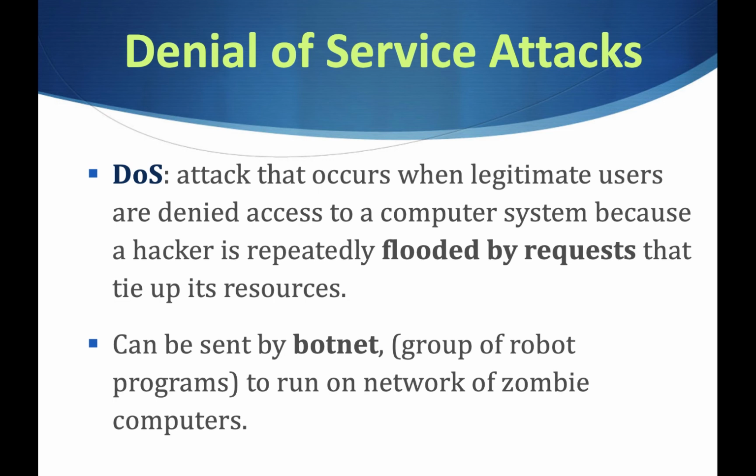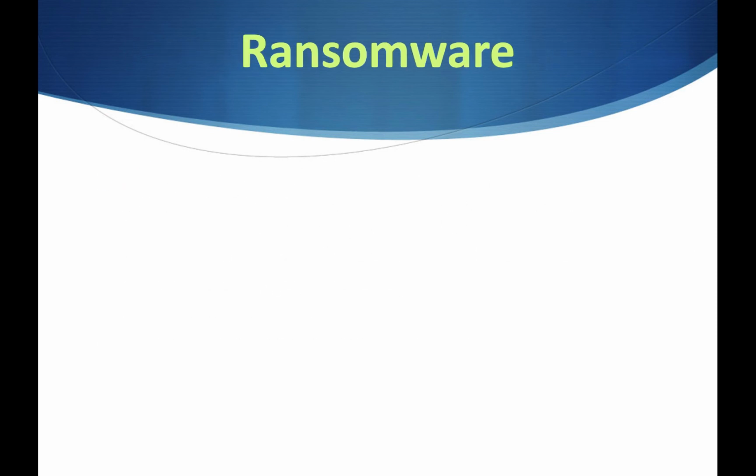Usually these are hackers trying to create chaos or send some kind of message. And this is also the kind of stuff you see if you watch those FBI shows and police shows, where there's a robot network taking over the entire system and there's nothing they can do and all that kind of stuff. But it's not usually the kind of thing that comes after your individual computer at your home.